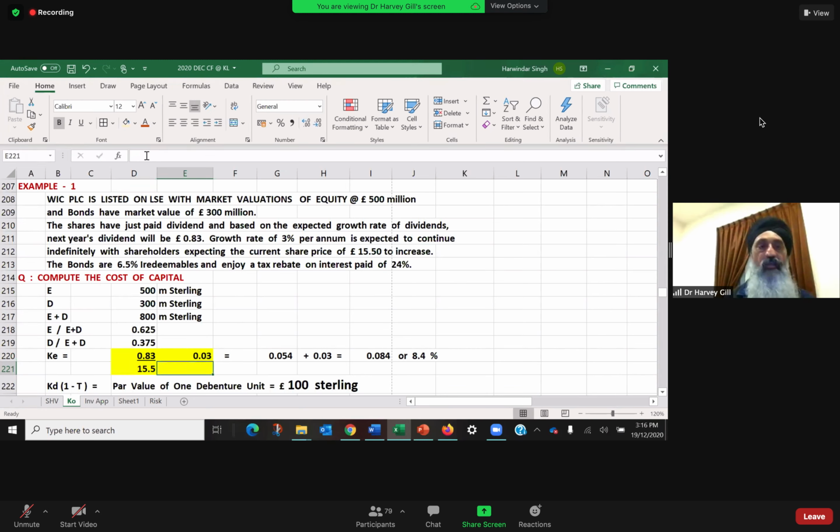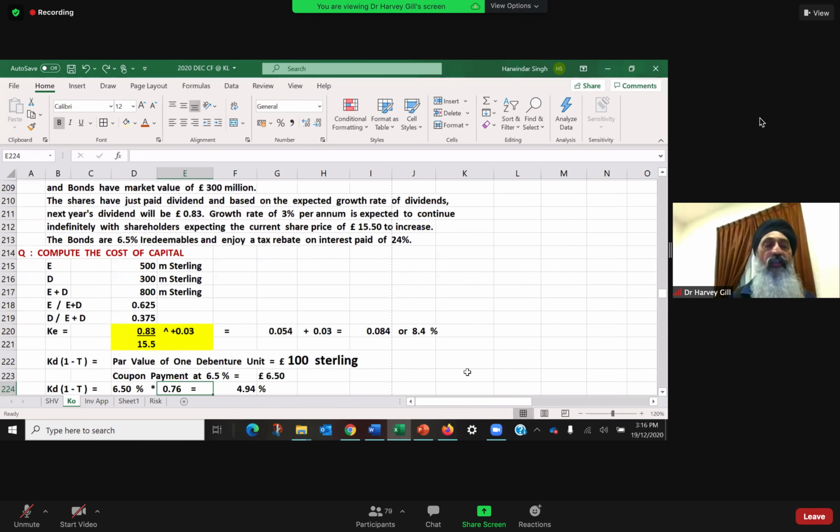Because I want to show plus, so in order to keep it as text, I have to do this. So 0.83 divided by 15.5 is 0.054, plus 0.03, which is the growth rate, becomes 0.084 or 8.4%. So that is just to find your KE first.